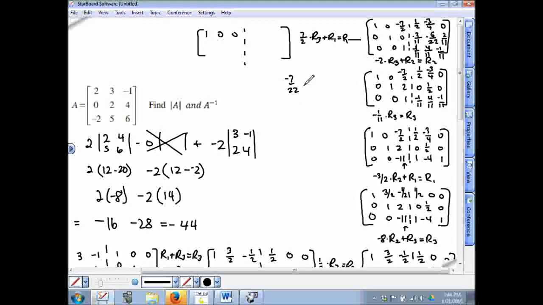We have to add that to 1/2. So if we multiply this by 11/11, we're going to get -7/22 plus 11/22. That's 4/22, which is 2/11.